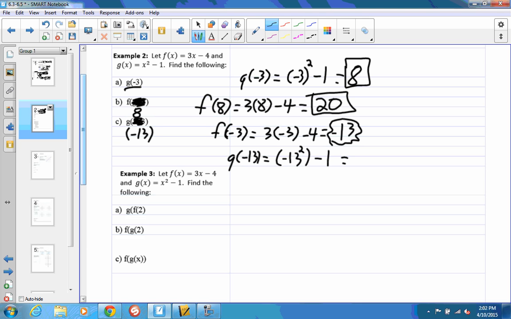What's negative 13 squared? Negative times negative, so it's positive 169, which is what a lot of people still get wrong. Positive 169 minus 1 is 168.